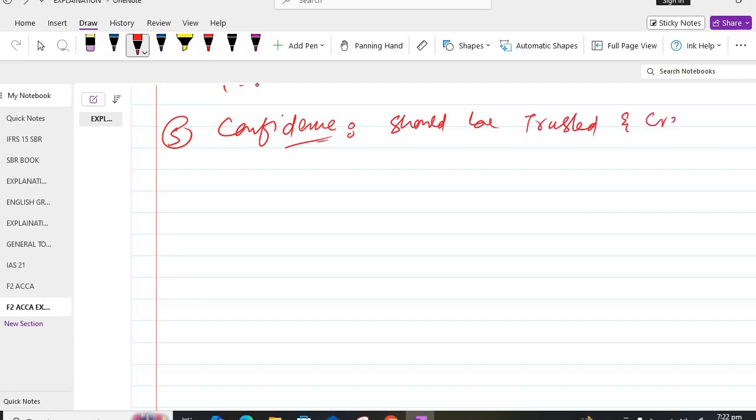When the information you are providing is trusted and credible, then that information will show quality in the data you're providing. So let's say if you are using estimated data, then you have to state the assumption clearly to build the confidence.